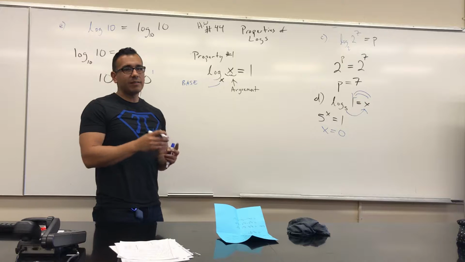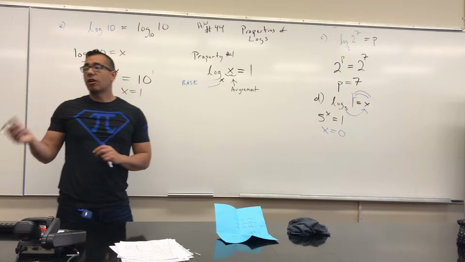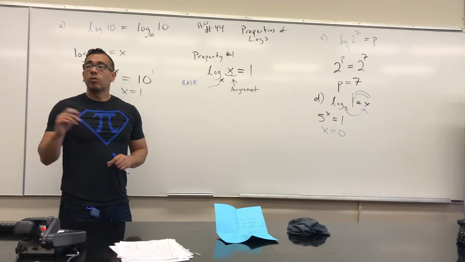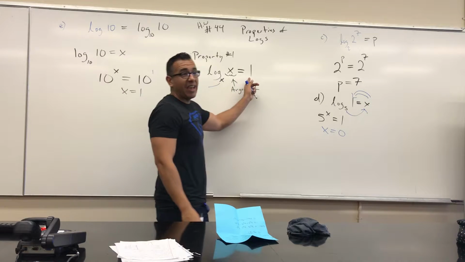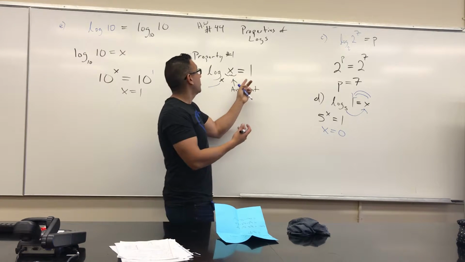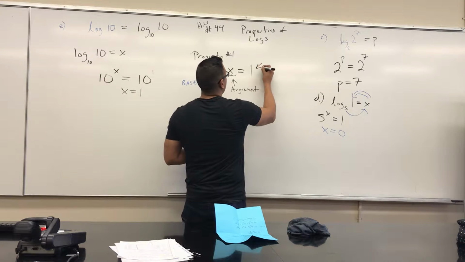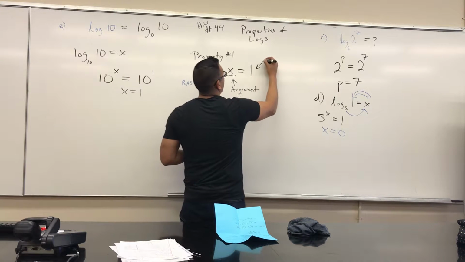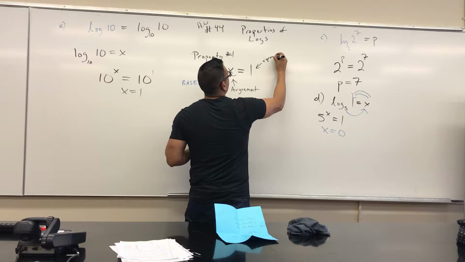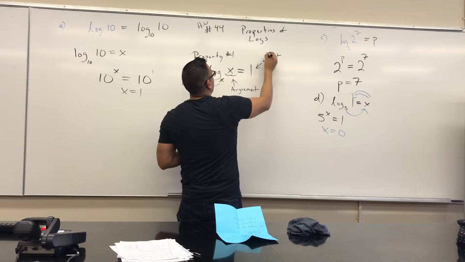So we have a base, we have an argument. Whenever the base and the argument are the same, what we're left with is the exponent. In this case, the exponent was what? 1. So this was our exponent, the exponent that was right here.